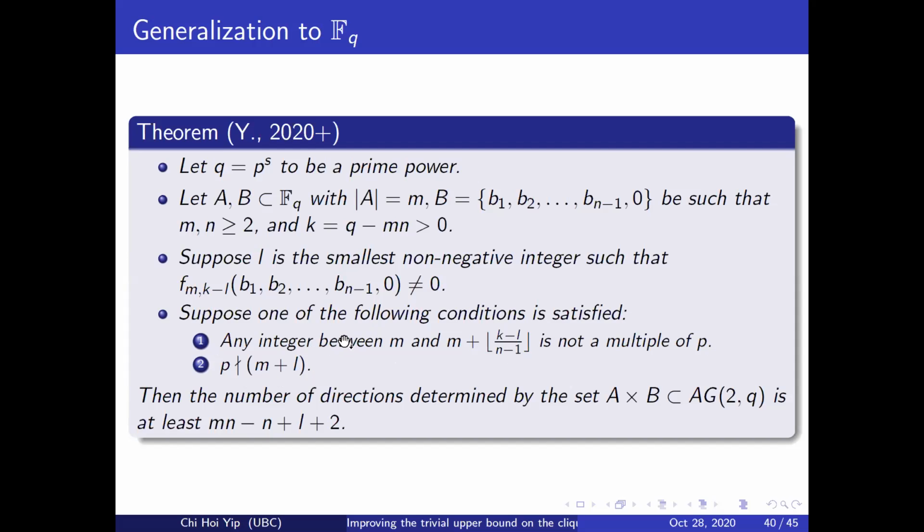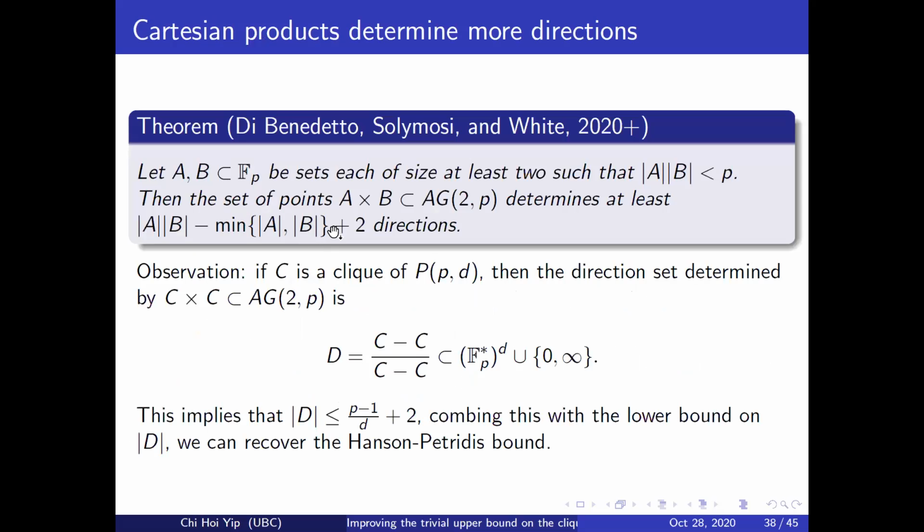So if one of these two conditions is satisfied, then we can conclude that the number of directions determined by this Cartesian product is at least mn minus n plus l plus 2. So the lower bound here is similar to the lower bound here.